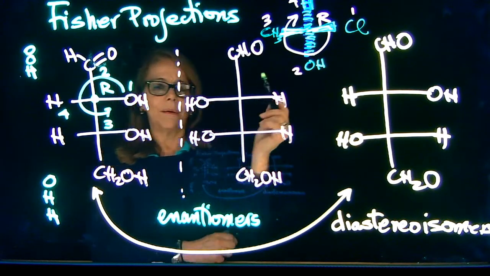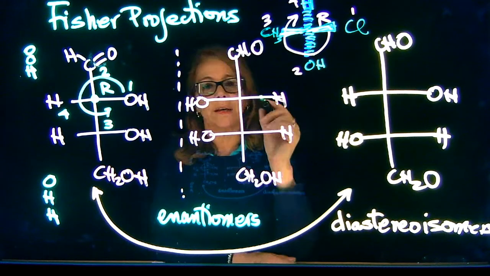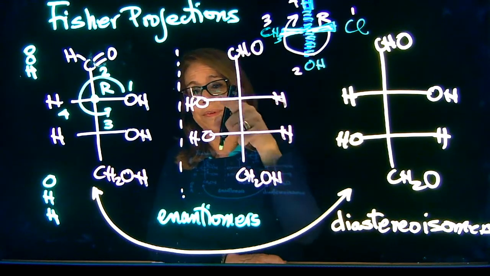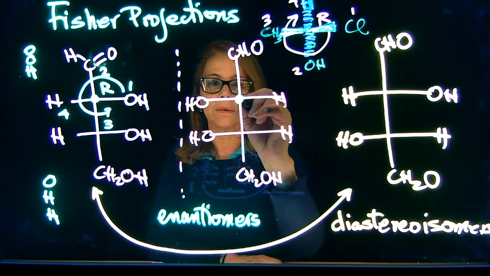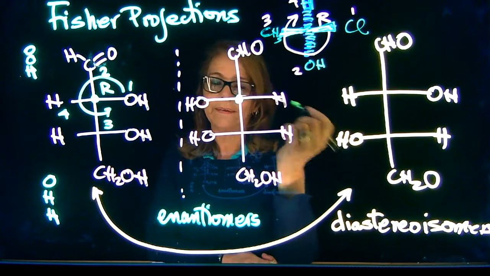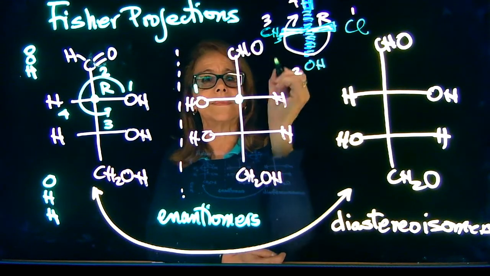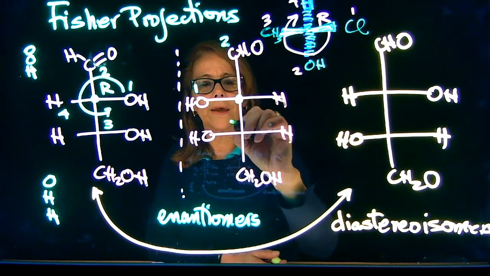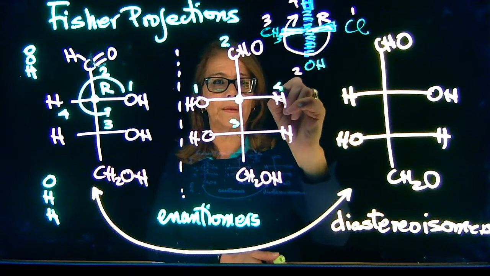And if I do now the configuration at the other carbon, the enantiomer, looking at that, I already assigned priorities, so we said 1, 2, and 3, the chain below, and this is 4.